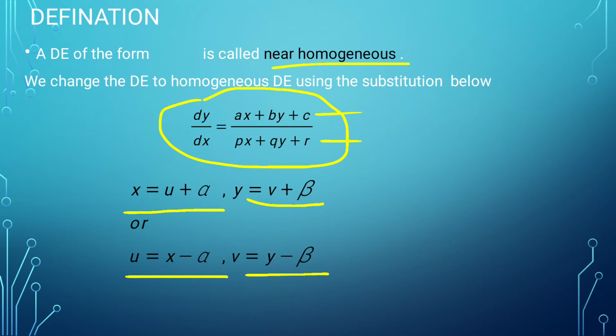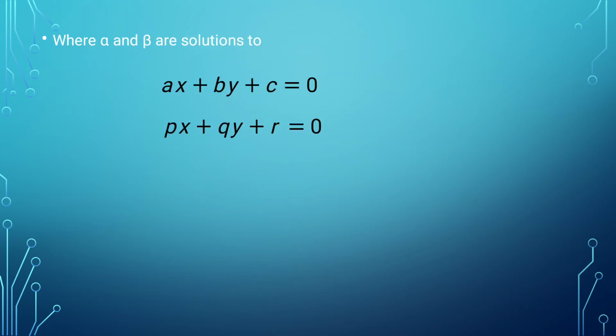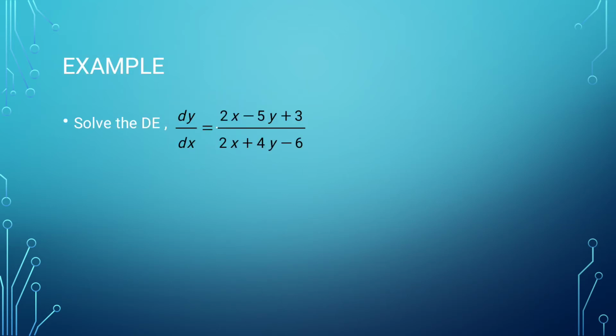They are actually the point of intersection of these two lines, because of course they are lines, and those will be your respective values of alpha and beta. As I have mentioned, alpha and beta are solutions to these linear equations. When you solve them, the value of x is alpha and the value of y is beta, which is the point of intersection.